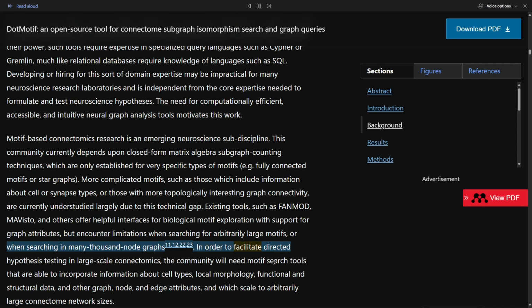In order to facilitate directed hypothesis testing in large-scale connectomics, the community will need motif search tools that are able to incorporate information about cell types, local morphology, functional and structural data, and other graph, node, and edge attributes, and which scale to arbitrarily large connectome network sizes.